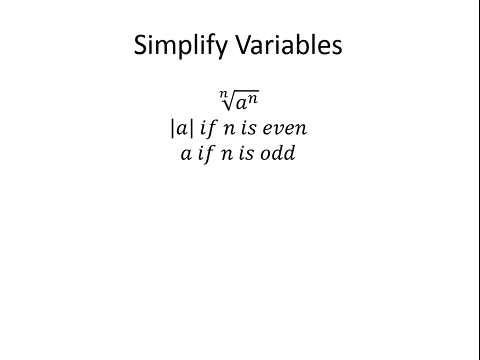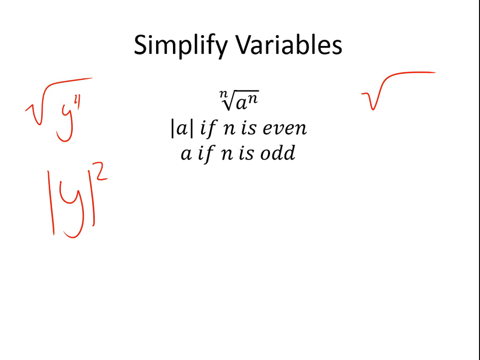So now, when you're simplifying a root of a variable, you're going to want to use an absolute value. This isn't a huge deal, but you want to make sure that it's always positive. If we want to take the square root of y to the fourth, that's y squared, and we're taking the absolute value of y.